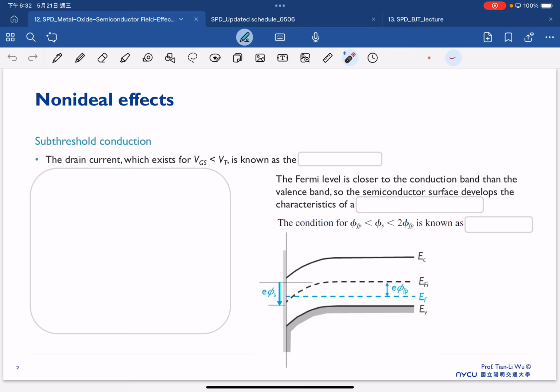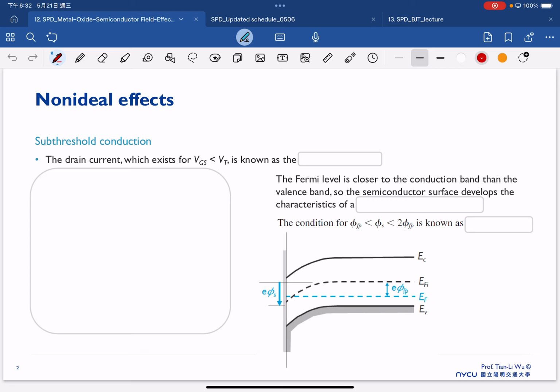Although last time we mentioned that the current will be conductive once the gate voltage is larger than the threshold voltage, then we start to have the current in the channel. The current will be inverted in the channel.